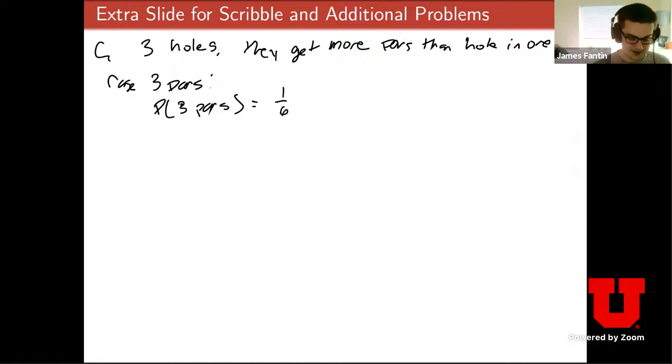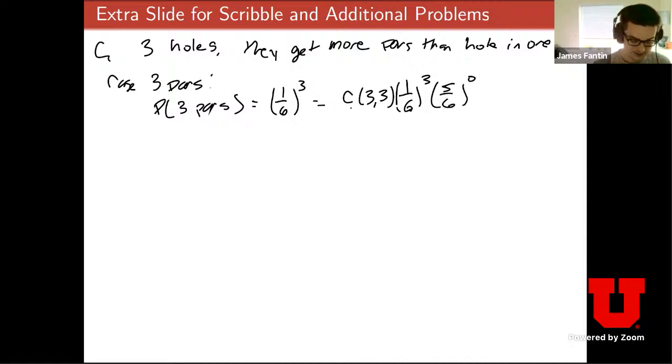Yeah, 1/6 to the third. There's a 1/6 chance in each case. If you want to work it out like a Bernoulli trial, you've got 3 choose 3 times 1/6 to the third, and 5/6 to the 0. Yeah, and that covers that case. So what's another case?